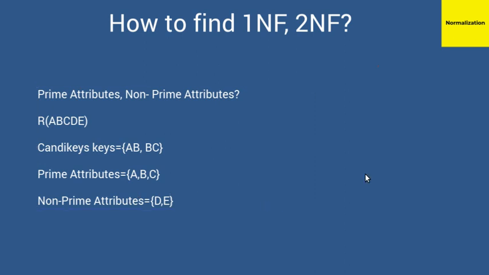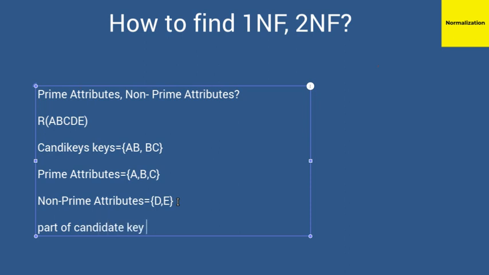Okay, now we will discuss what is the condition for 2NF. The condition for 2NF is that a part of a candidate key should not derive a non-key attribute, or you can say a non-prime attribute.